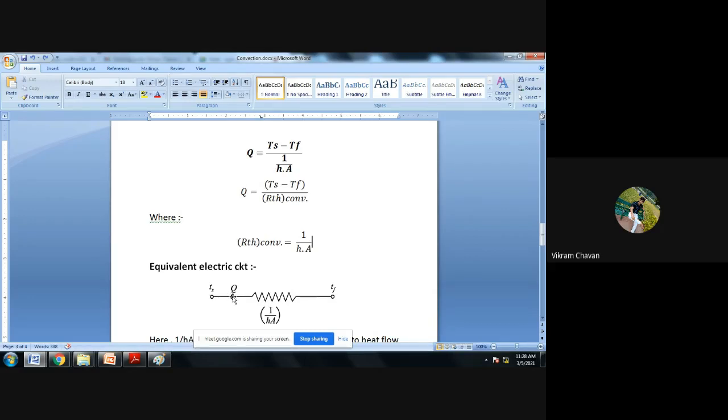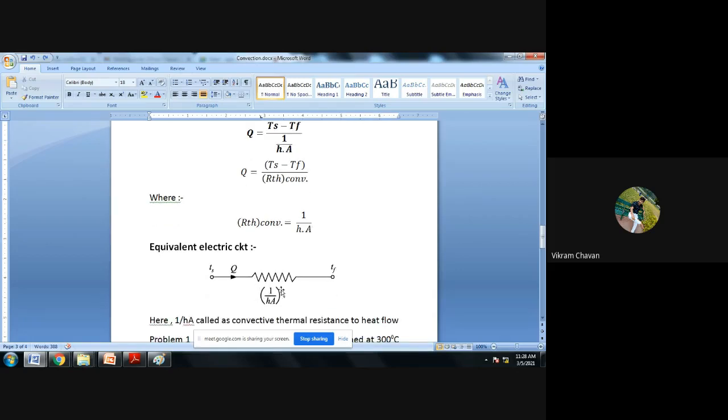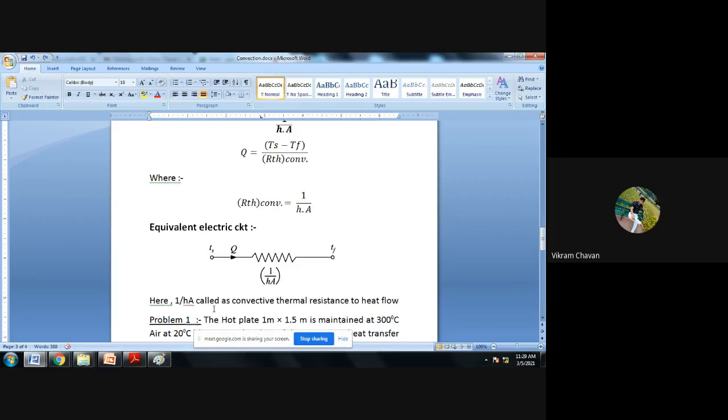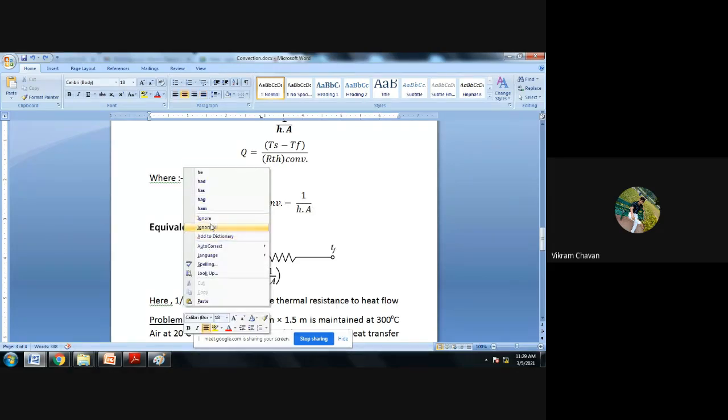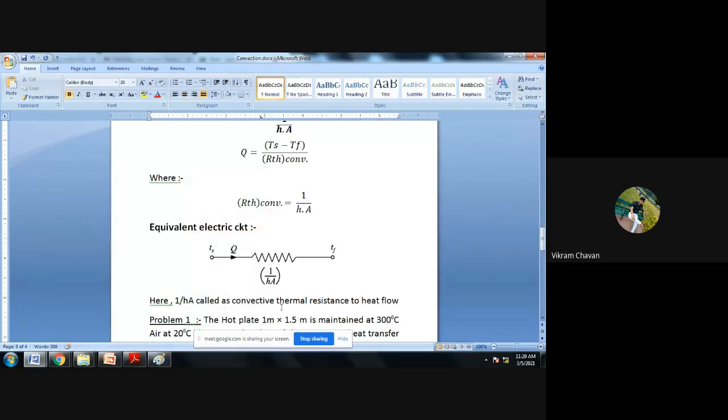The heat transfer direction is provided by Q. The resistance offered for this heat transfer is provided by this resistance symbol, and its value is 1 divided by H multiplied by A. Here 1 divided by H multiplied by A is called the convective thermal resistance to heat flow.